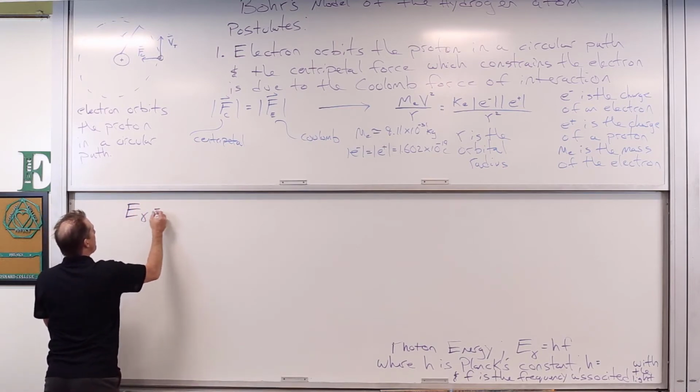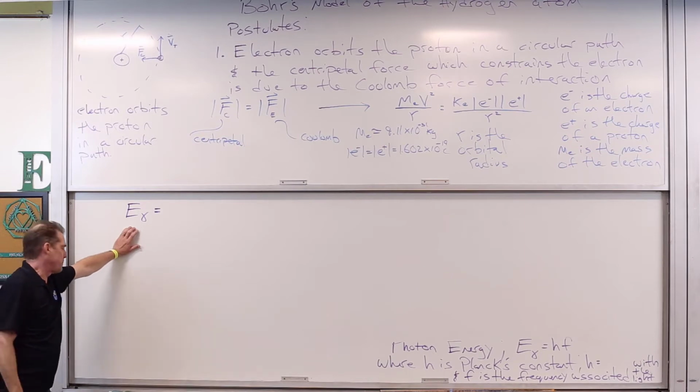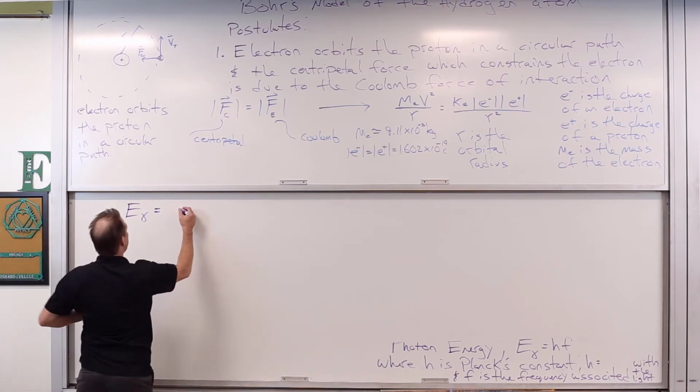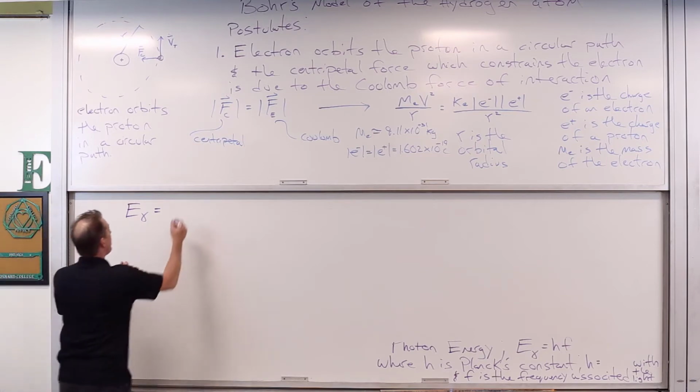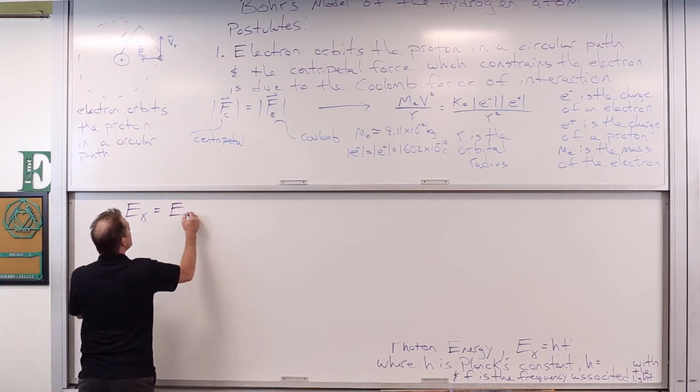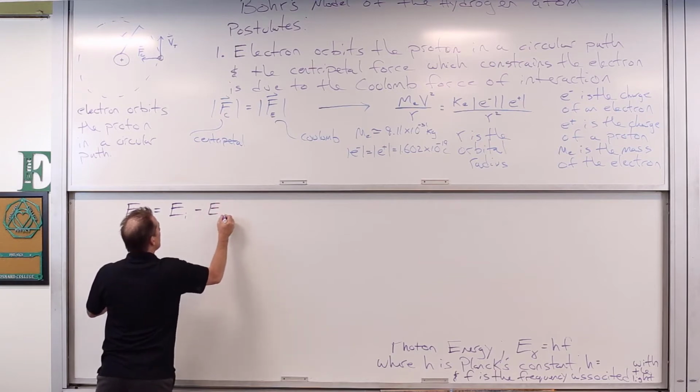E sub gamma, the photon energy, is going to be equal to the energy level difference of the hydrogen atom. So we're going to call it E sub initial minus E sub final.